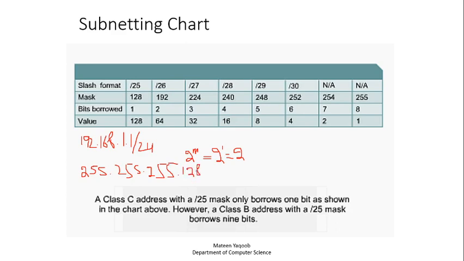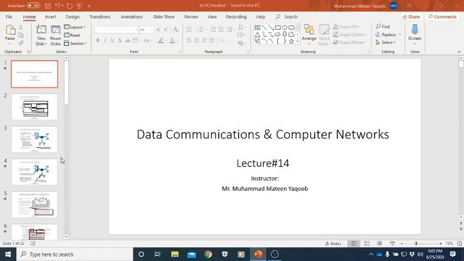How? Let's convert into binary. You will understand how. The binary of the first 8 will be something like this; let me convert it for you.